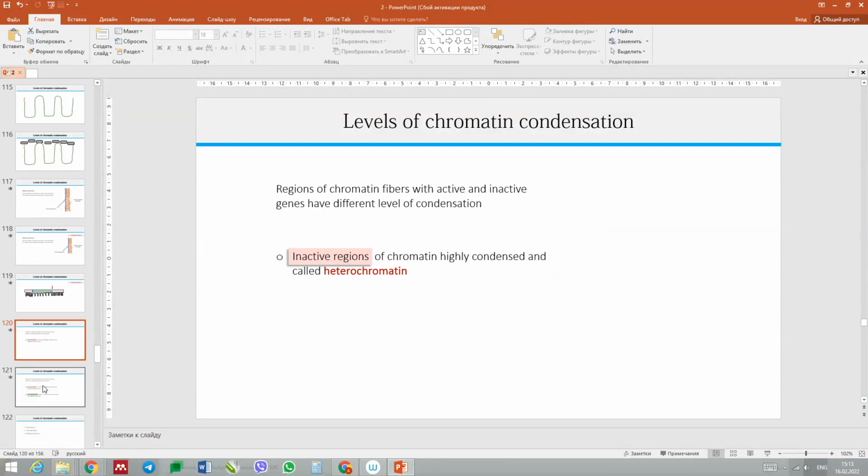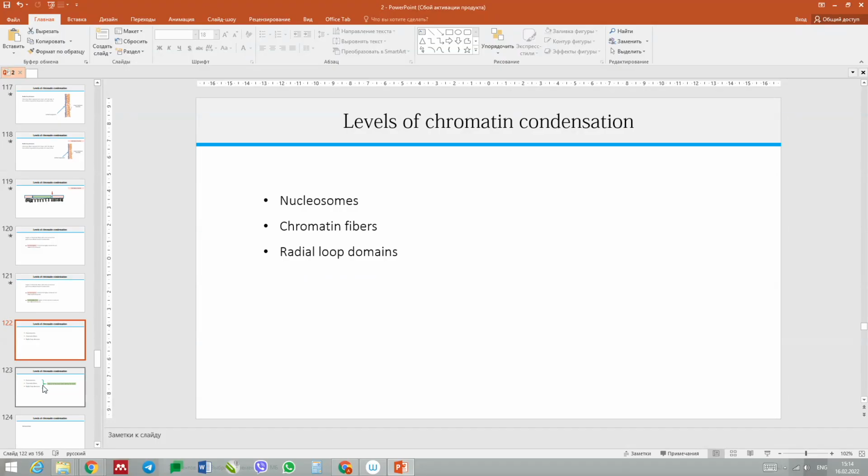And now let's go further. Yeah, and this is a summary of what I just explained. Regions of chromatin fibers with active and inactive genes have different levels of condensation. Those regions that are not active are highly condensed and called heterochromatin, while regions with functionally active genes are less condensed and called euchromatin.